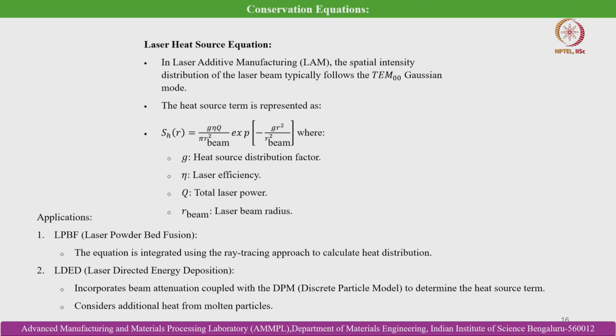So the heat source term is represented as SH is equal to G eta Q by pi r_beam squared, exponential of minus G r squared by r_beam squared, where G is the heat source distribution factor, eta is the laser efficiency, and r_beam is the laser beam radius.